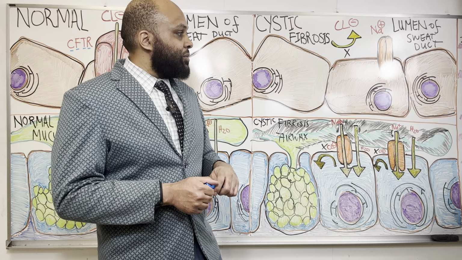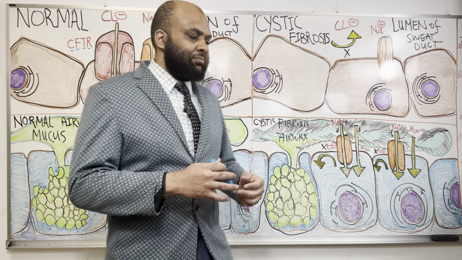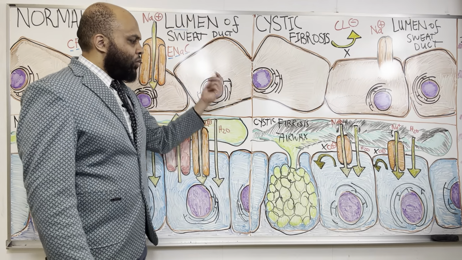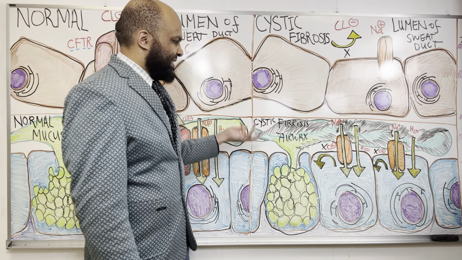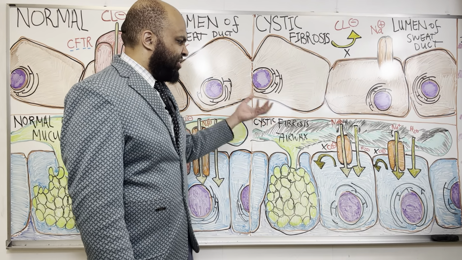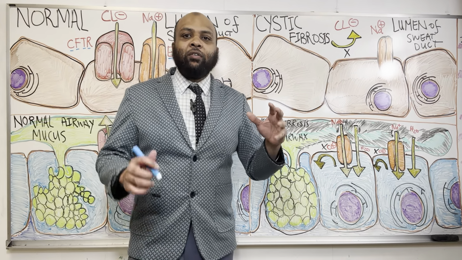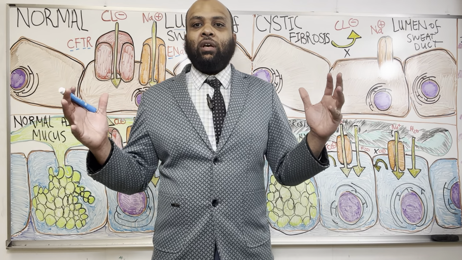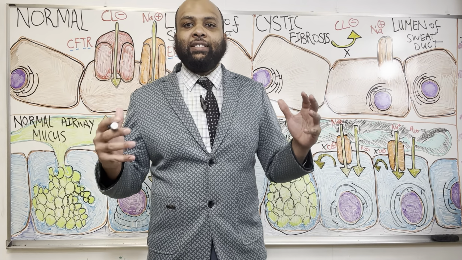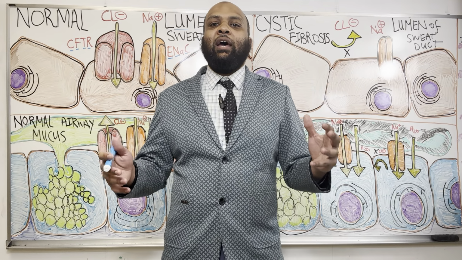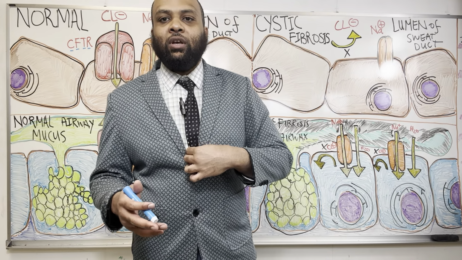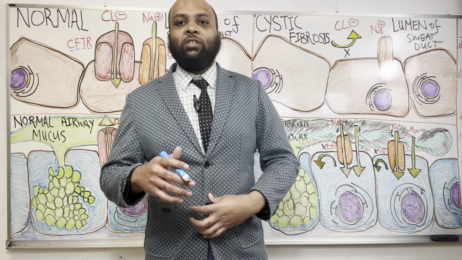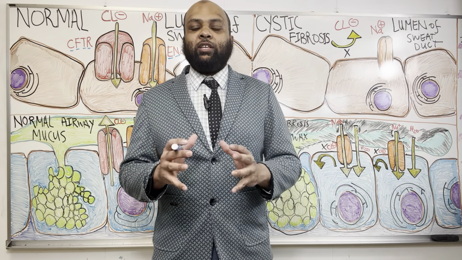Also, please remember that this mucus that is devoid of water, this mucus that is hypercoagulable and thick, is the perfect environment for bacteria and microbial infection and Staphylococcus aureus. Staphylococcus aureus loves the mucus of a patient who has cystic fibrosis because that is the proper place for their growth.